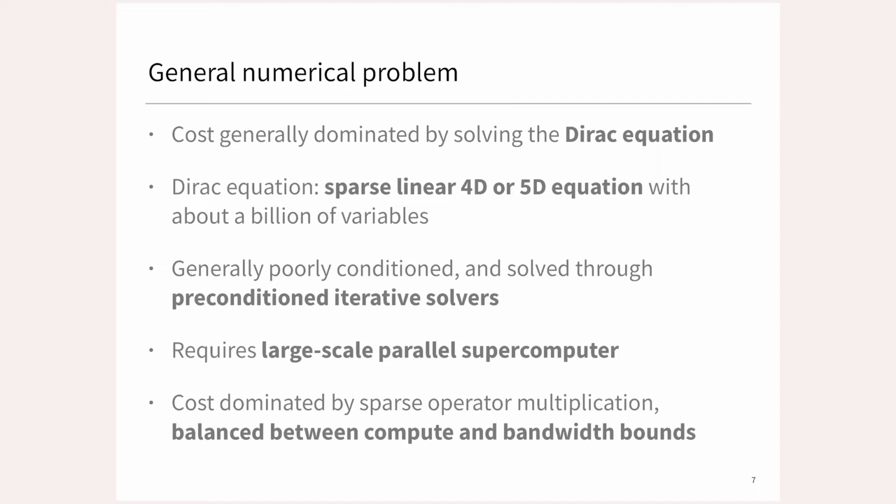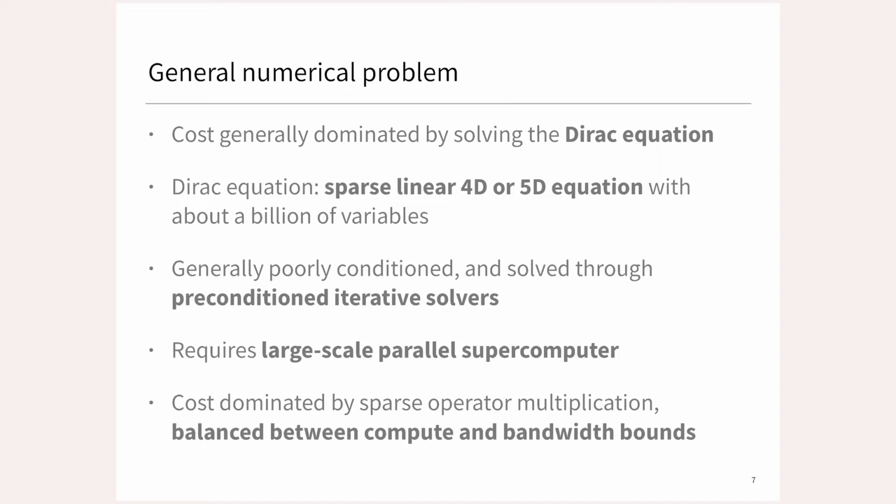The Dirac equation is a sparse linear system, generally 4-dimensional or 5-dimensional depending on the formulation used, with about 1 billion variables. So this is the first component: a numerical calculation with a lot of degrees of freedom.